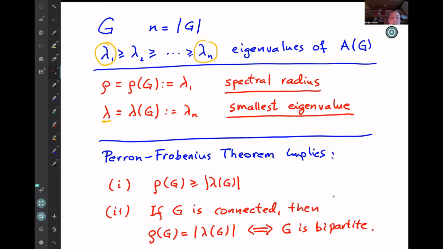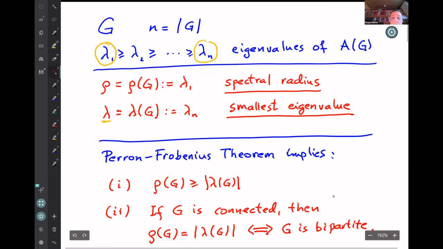Just to remind you, the Perron-Frobenius theorem has as a corollary that the spectral radius is equal to the largest positive eigenvalue of a graph, and in particular it's at least as large as the absolute value of the smallest eigenvalue.